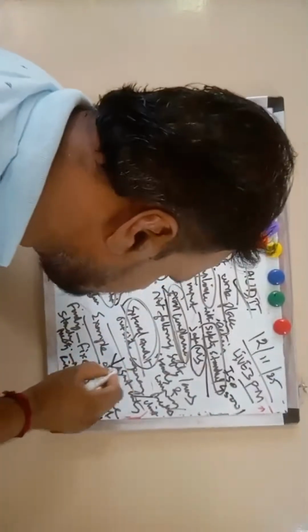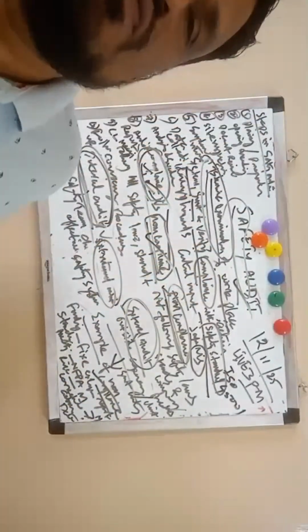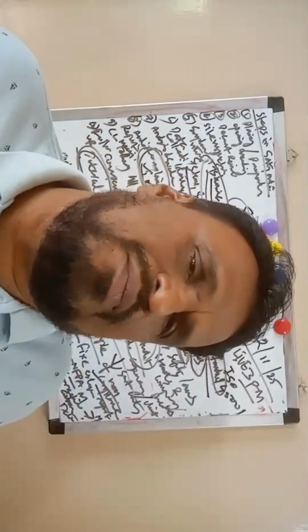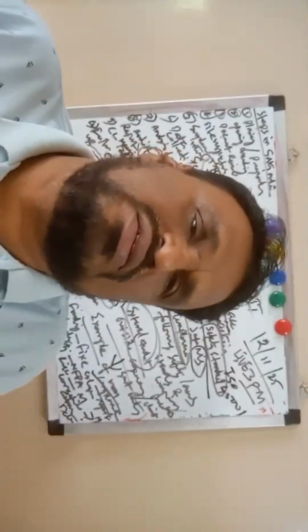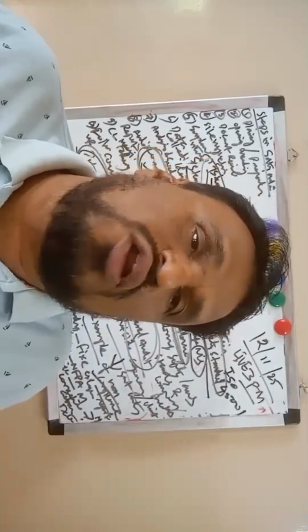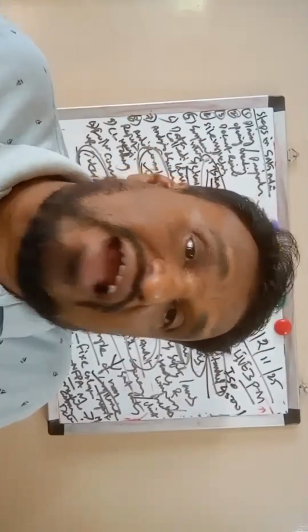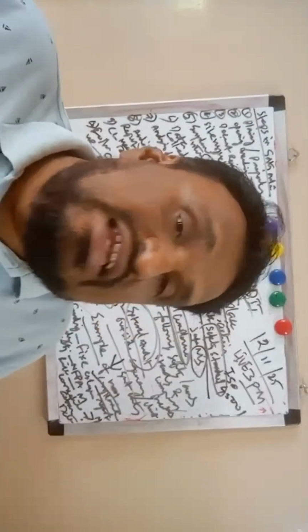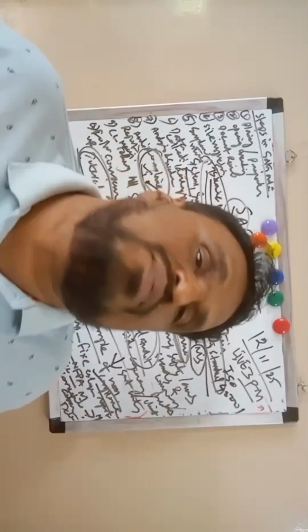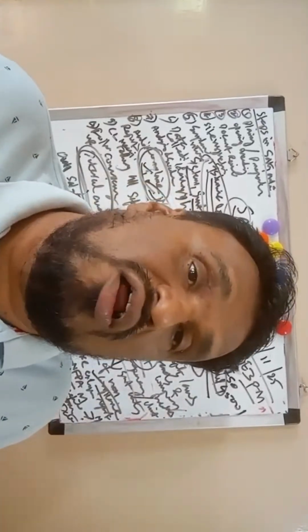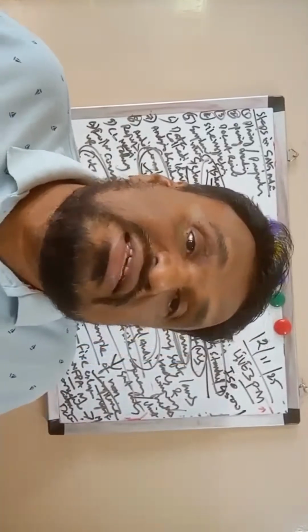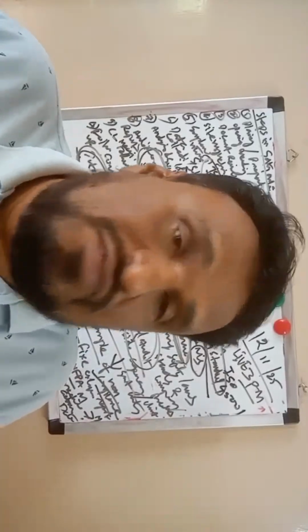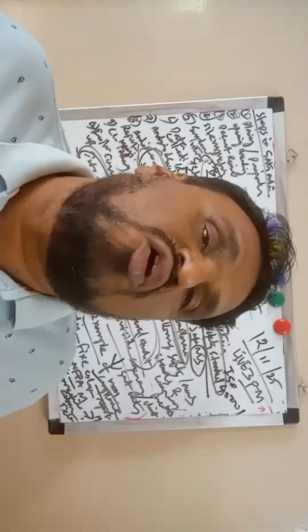Okay, then there is an example of the non-compliance report. Normally, when any system, any work, or any activity deviates from the safety rules and regulations, safety legal requirements, or safety standards, it's a non-compliance.